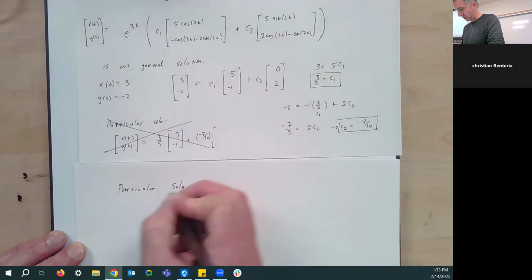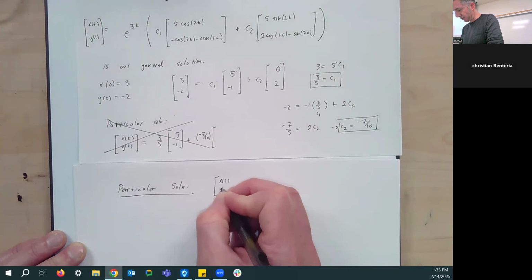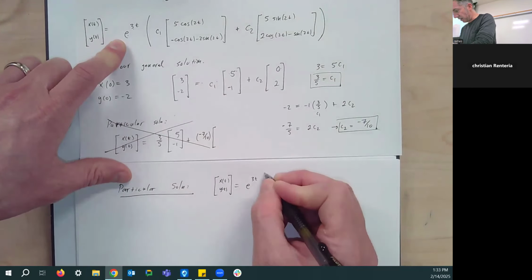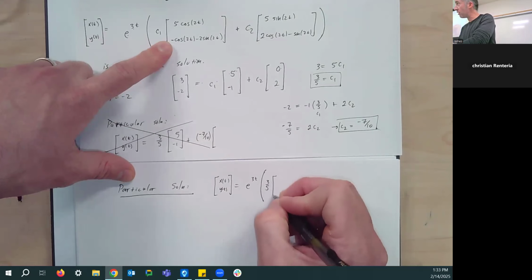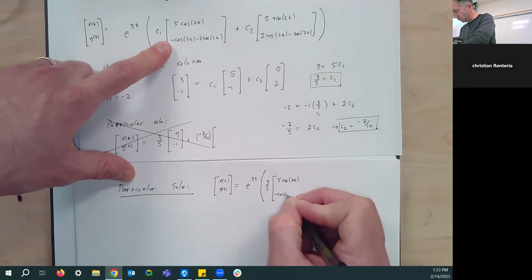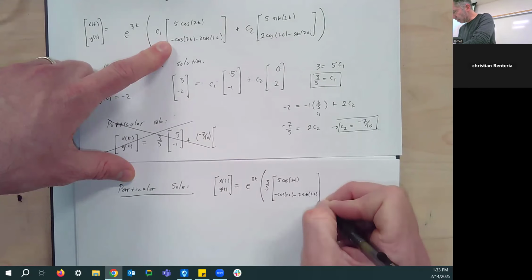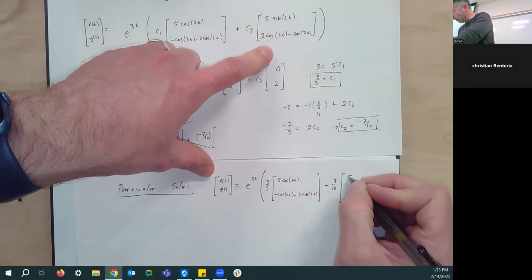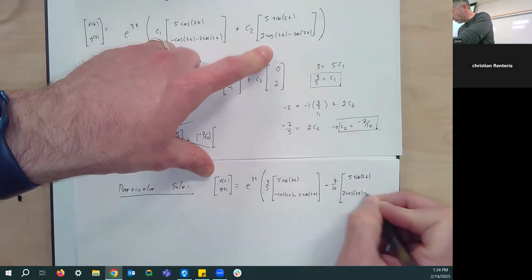Our particular solution is going to be x of t, y of t equal to e to the 3t times C1, which is 3/5, times this vector, 5 cosine of 2t, negative cosine of 2t minus 2 sine of 2t, minus 7/10 times that vector, which is 5 sine of 2t, and then 2 cosine of 2t minus sine of 2t.